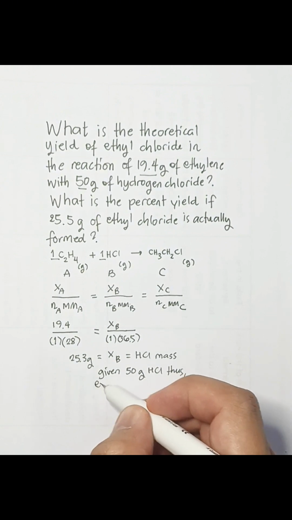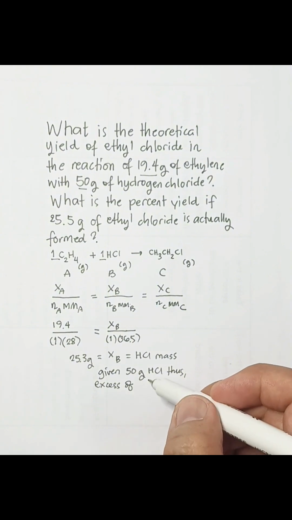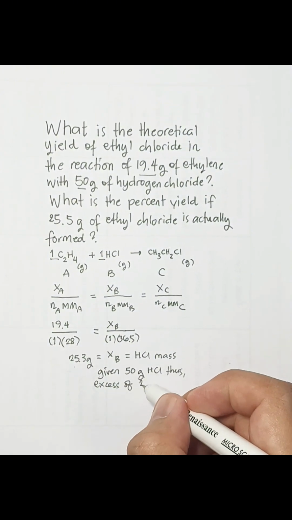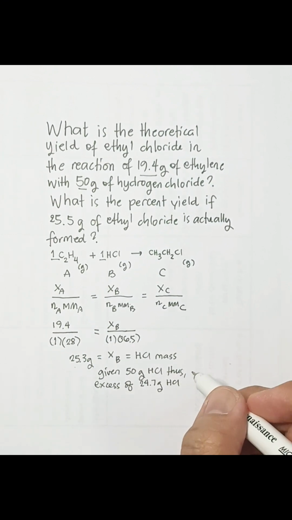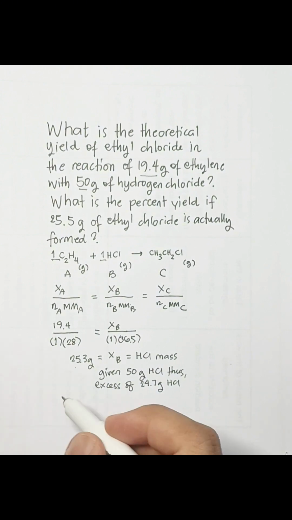Now let's proceed to determine the theoretical yield. Let's repeat, substituting 19.4 grams to XA divided by the mole coefficient of ethylene times the molar mass of ethylene.